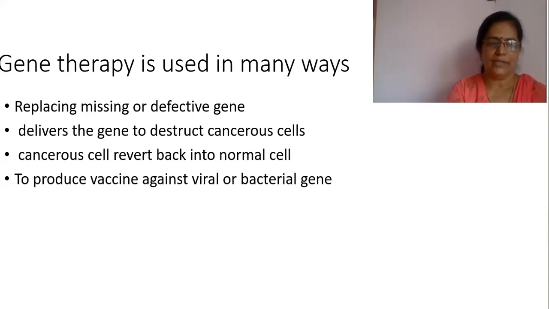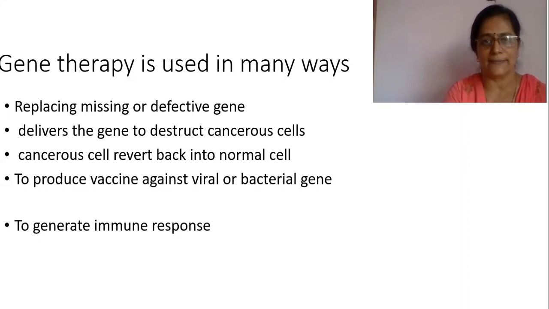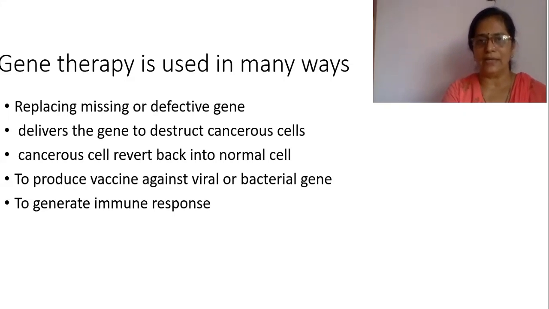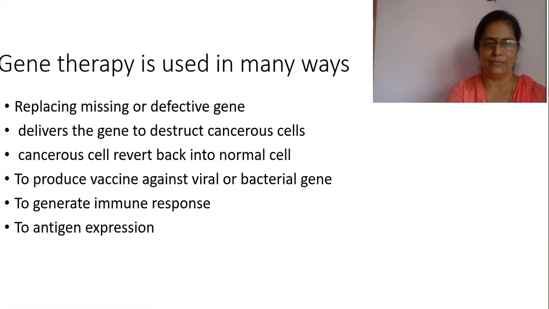Then, to produce vaccines against viral and bacterial genes. The bacterial genes and the viral genes are used to produce the vaccines, to generate the immune response. You know that whenever a pathogen enters into the human being, it produces diseases, and so to generate the immune response, we can transfer the gene into the human being.